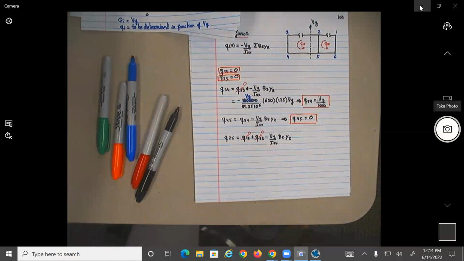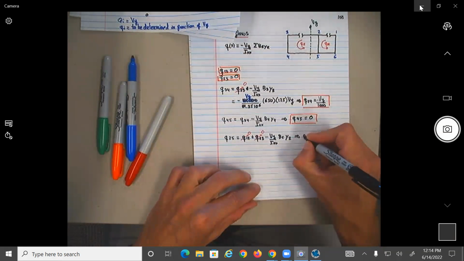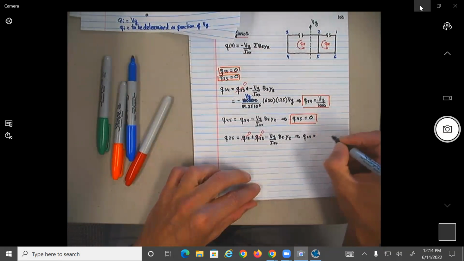So negative 2, because Y2 will be negative 125. So we get Q25 equal to negative 2 over 1000 Vy.